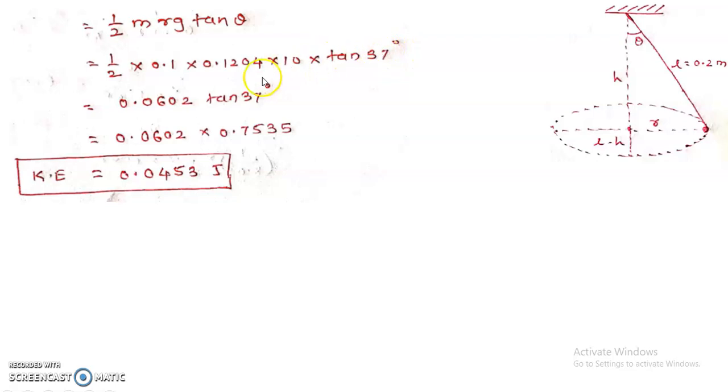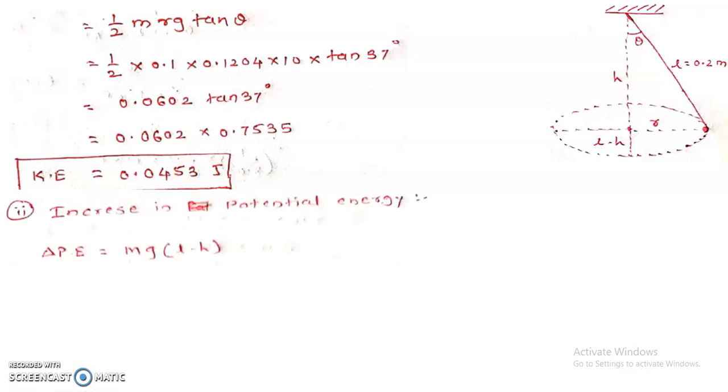After solving this we get 0.0602 into tan 37. Tan 37 is 0.7535. So we get kinetic energy as 0.0453 joule. So this is the kinetic energy.